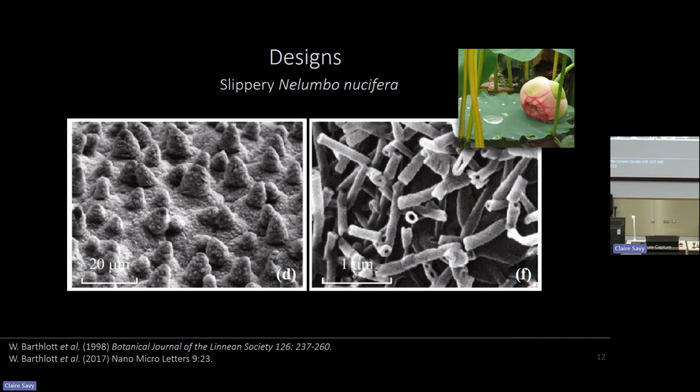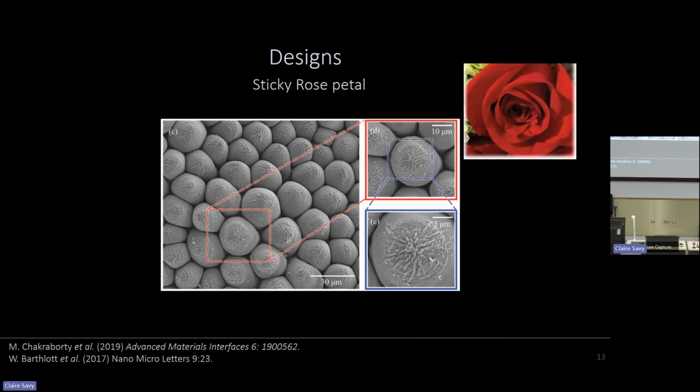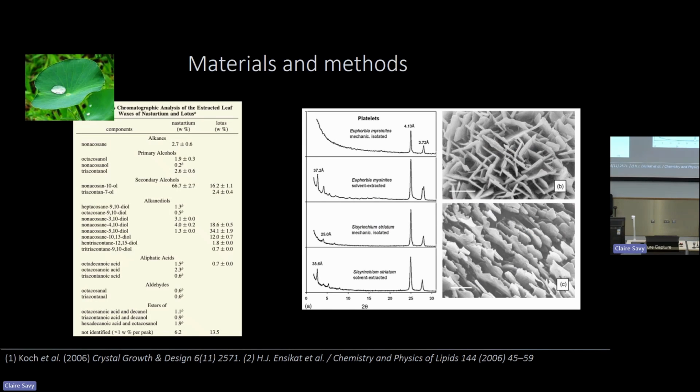And so as I mentioned, the design of these micro and nano surface structures, for example, in the slippery surfaces, you have hierarchical structures with micro and nano structure features, while in the sticky designs, you have larger structures that allow the air-liquid interface to infiltrate in. So from the great works of the plant biologists, we know that all of these structures which exist on the plants are made of waxes, and they're crystalline structures of waxes.